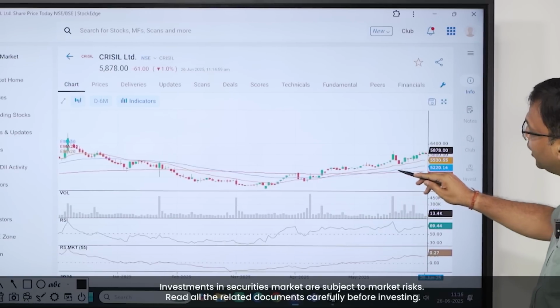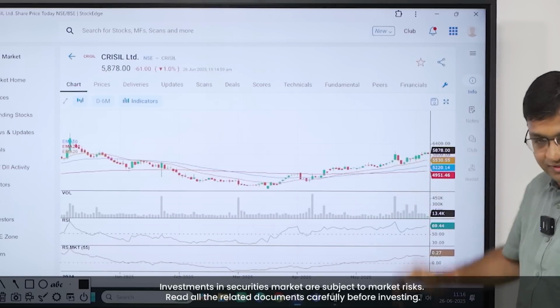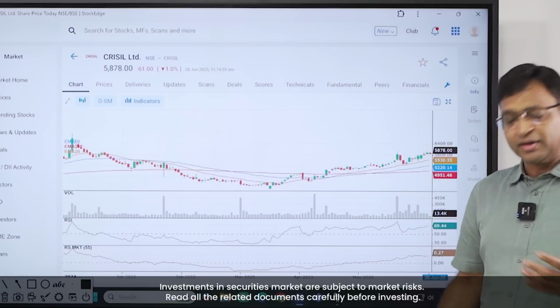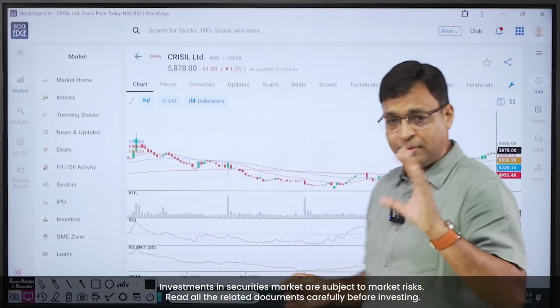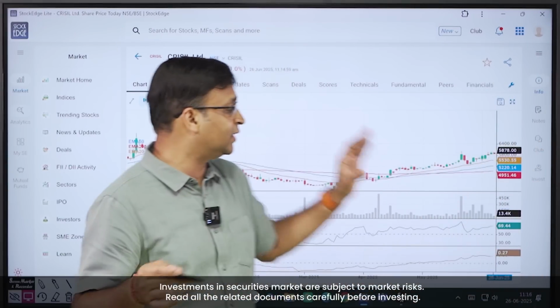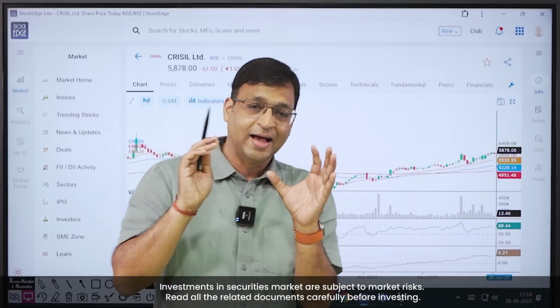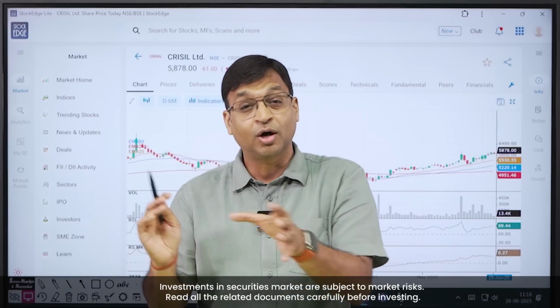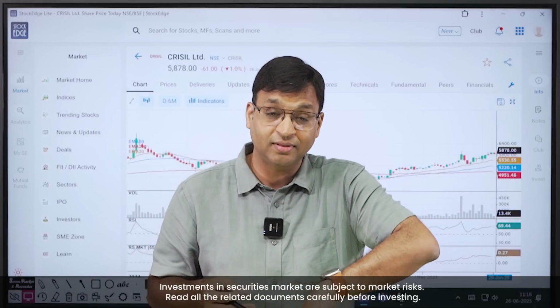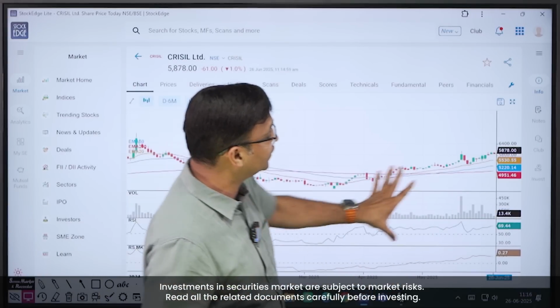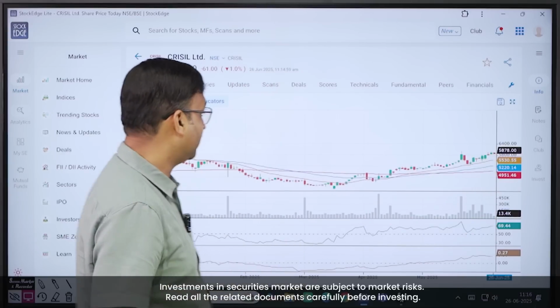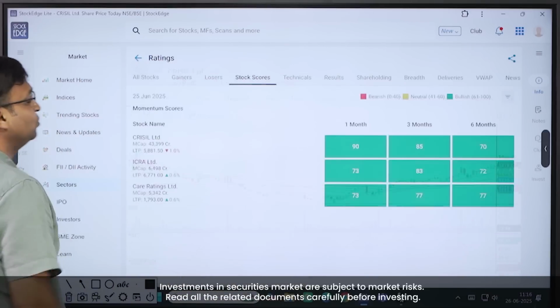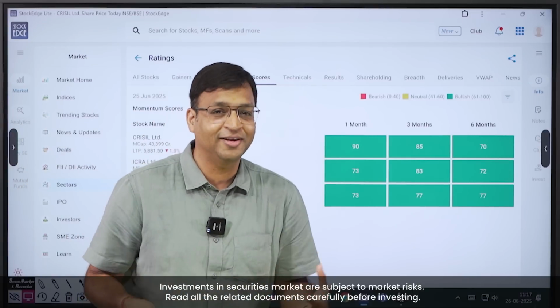The stock is trading above its major moving averages. Will you buy this stock? Yes. Clearly, I mean, not a recommendation. Clearly, this stock is having strength because the sector is also having strength and the stock price action is also showing strength. Okay.